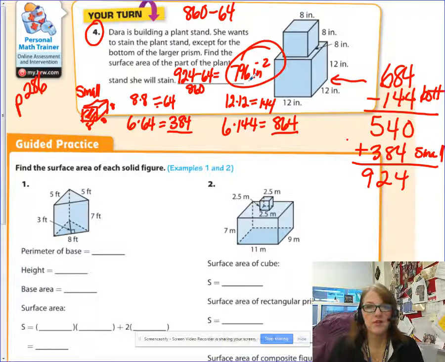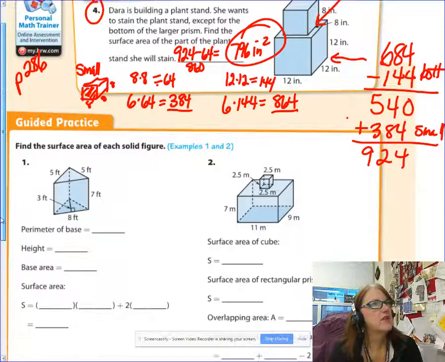That's what they were after. I don't know if the directions were as clear on that one, but okay. And frankly, if you would have gotten to this 924, I probably would have gone with saying that's okay, even, because it wasn't really clear that she also wasn't going to stain that part. So, all right, there we go.